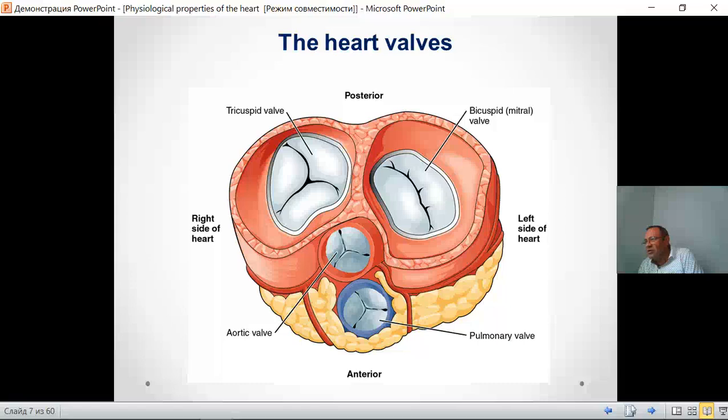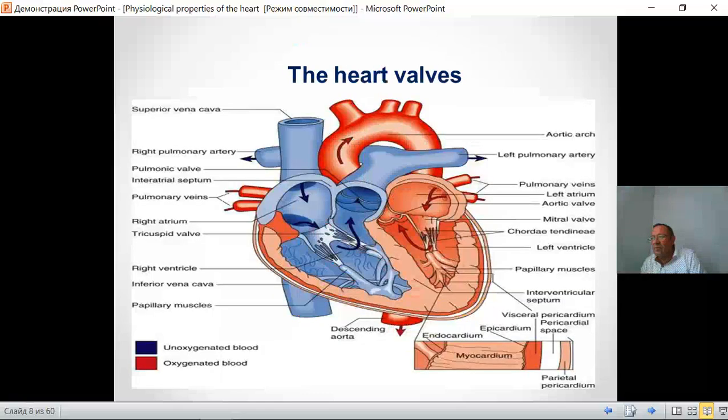Since these openings and valves structurally weaken the atrioventricular septum, the remaining tissue is heavily reinforced with dense connective tissue called the cardiac skeleton, or skeleton of the heart.